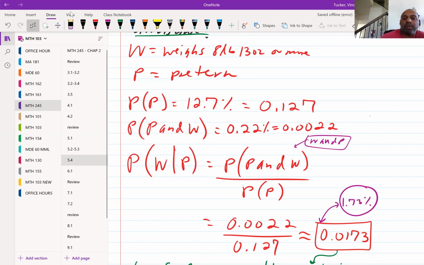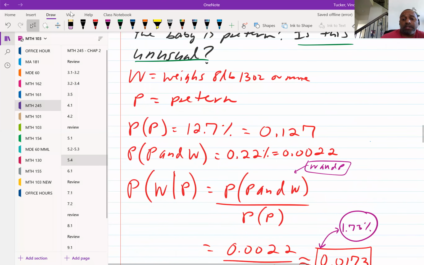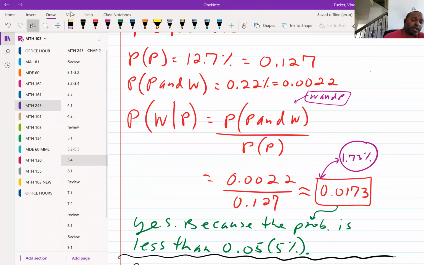All right, everybody okay to scroll up? So remember the last statement was, is this unusual? The answer is yes, because the probability is less than 0.05, or in other words, 5%.